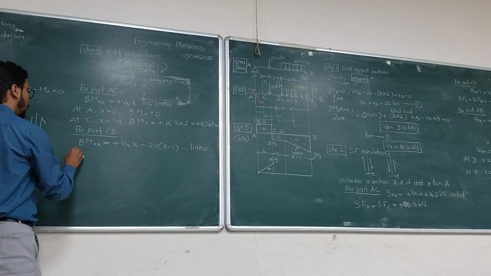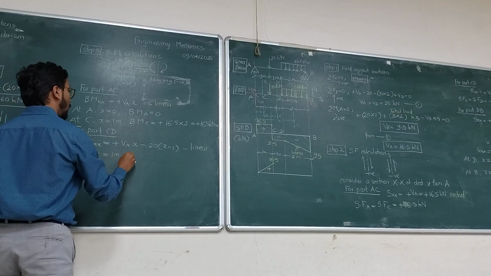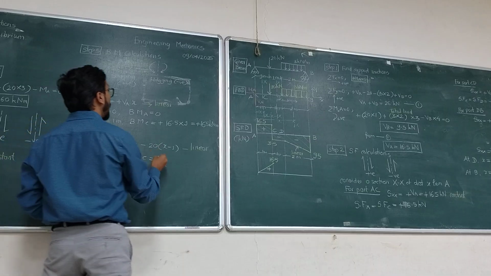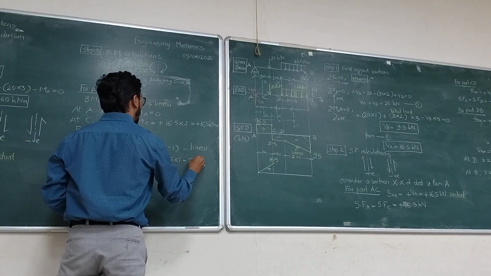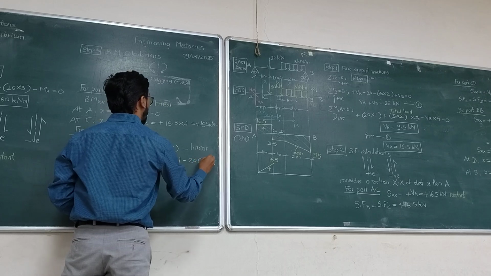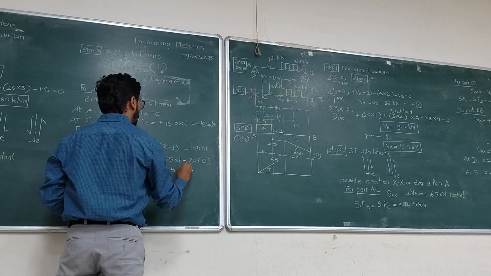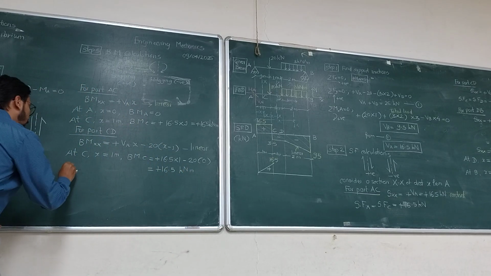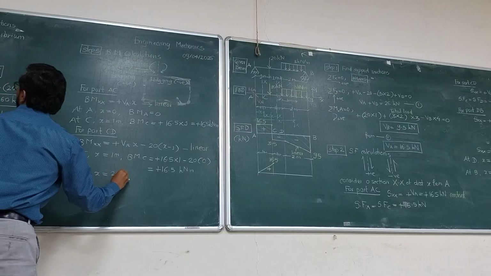So at C, X is equal to 1 meter. So bending moment at C is equal to plus VA into X, plus 16.5 into 1 minus 20 into 0, plus 16.5 kilonewton meter. Right? Find out the bending moment at D. At D, X is equal to 2 meters.